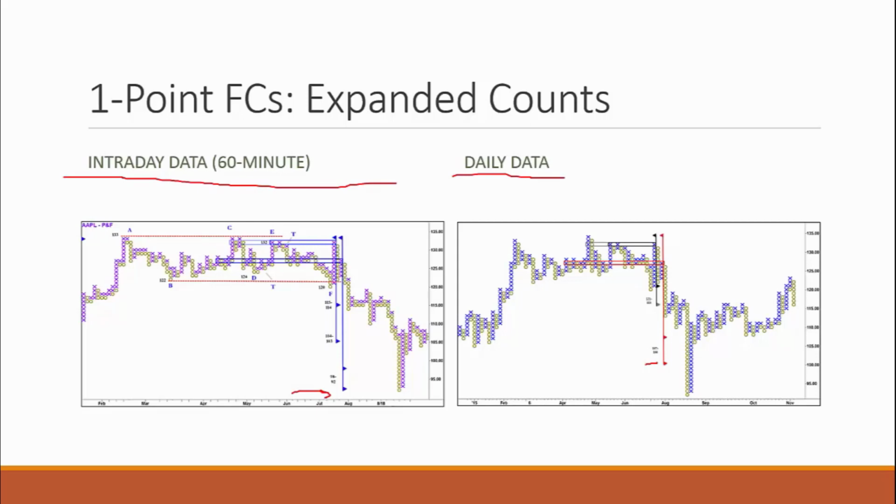But again, they're both one-point figure charts. The only difference is the data that's used, and commonsensically, the swings on the intraday are picked up when we use intraday data. They're not going to be picked up when we use daily data. So the intraday data point and figure charts are going to be more accurate than daily or higher time frame data.